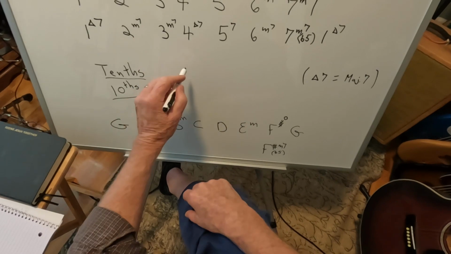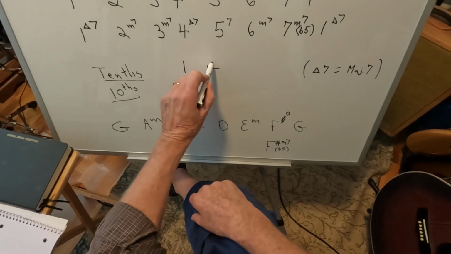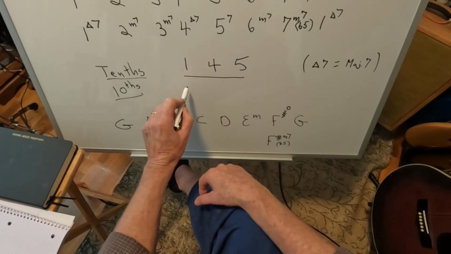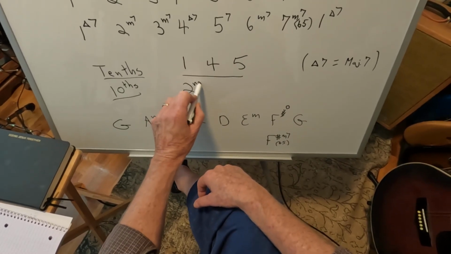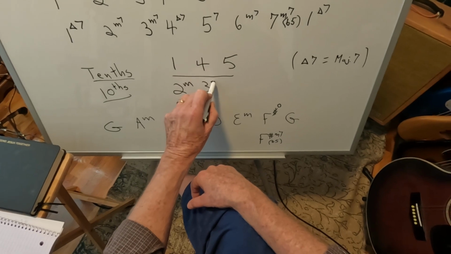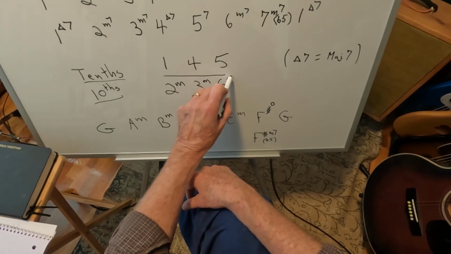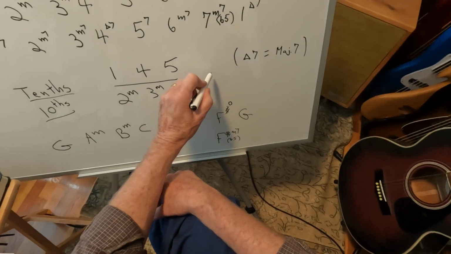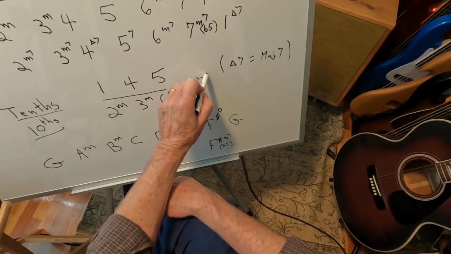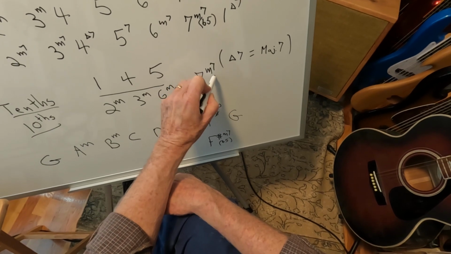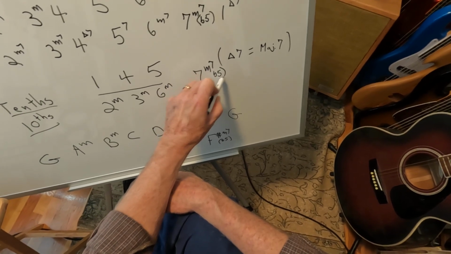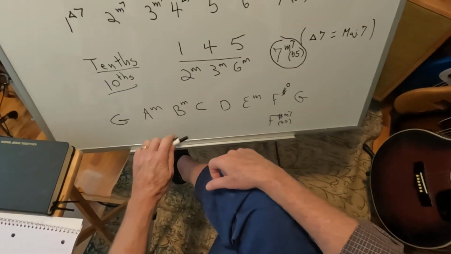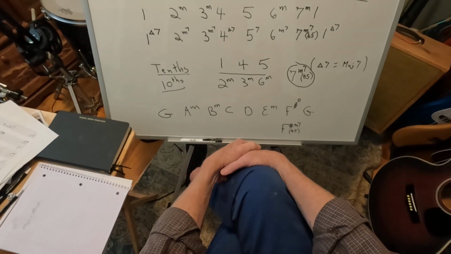So overall, the 1, the 4, and the 5 are all major. The 2, the 3, and the 6 are all minor. And the 7 has its own kind of universe there.